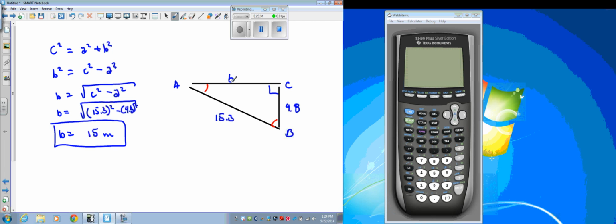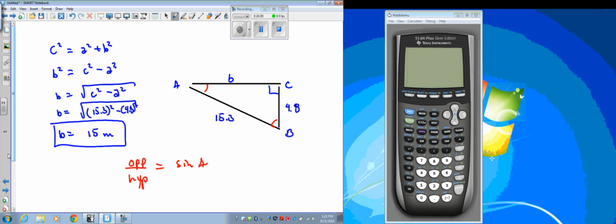No, adjacent's here. This is opposite. Hypotenuse is always, yeah. So what you have is opposite and hypotenuse. Now that trig function is what? Sine of that angle. So this is the relationship you have to use, because you're using the information that's given.